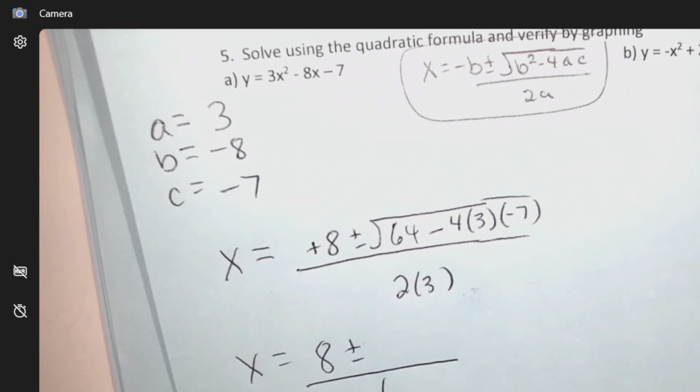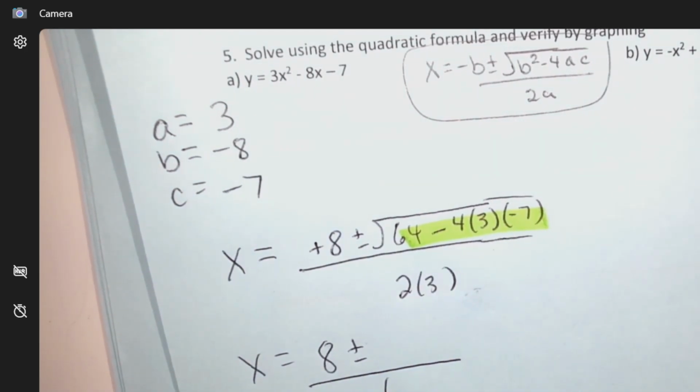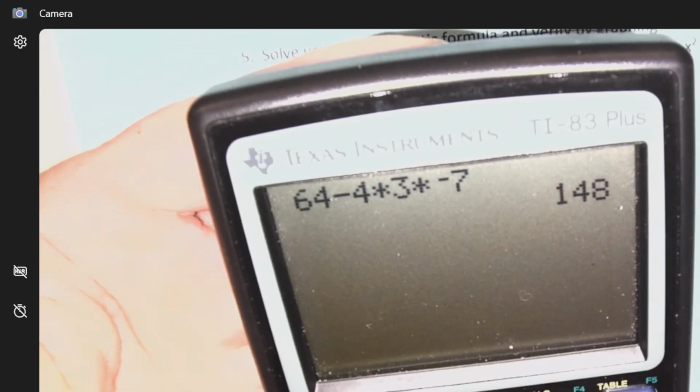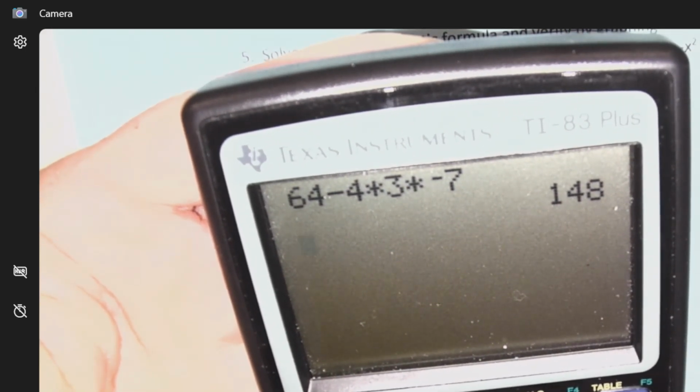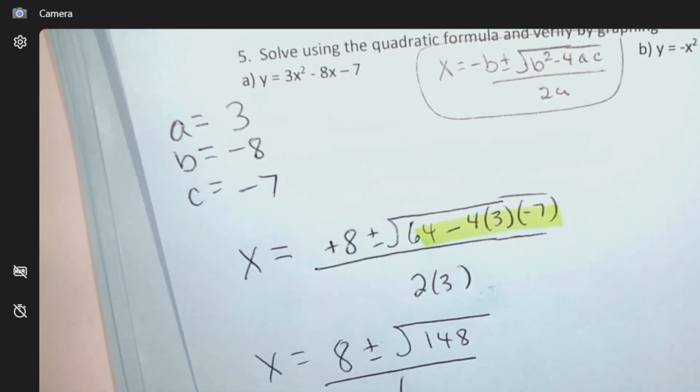Okay, so now you're going to go to your calculator and you're just going to type in just this. So I'd do 64 minus 4 times 3 times negative 7. So I'm just typing that in. So 148. So the square root of 148.